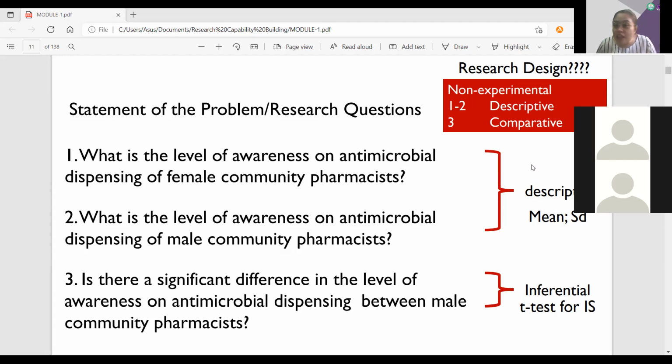So this type of study is non-experimental by nature. It's descriptive and at the same time comparative, because we will be comparing the level of awareness of both the male and the female. So you will have a third question: is there a significant difference?